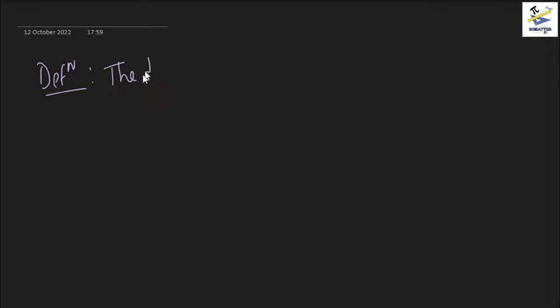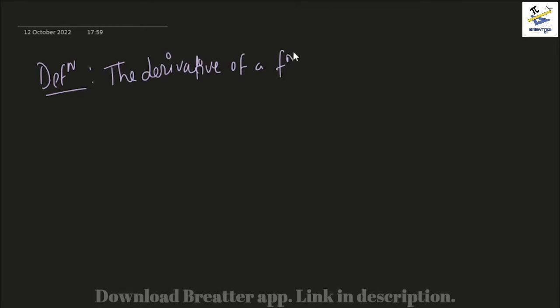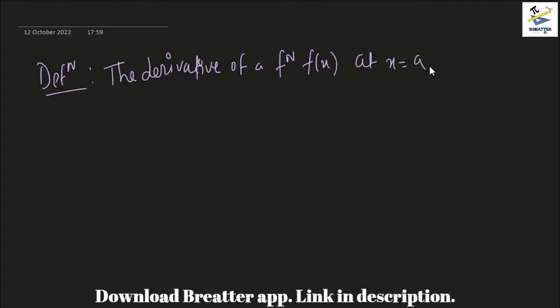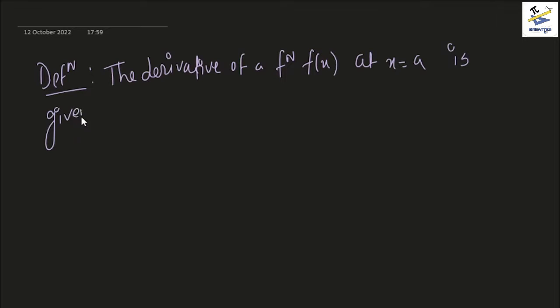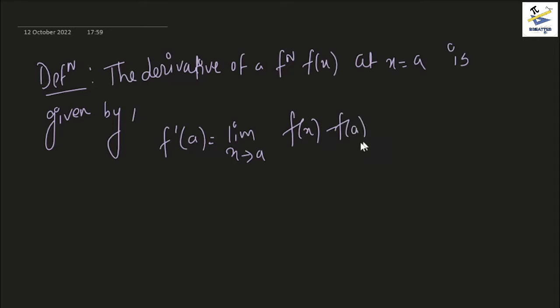the derivative of a function f of x at x equals to a is given by f dashed of a equals to limit x tends to a f of x minus f of a whole divided by x minus a.